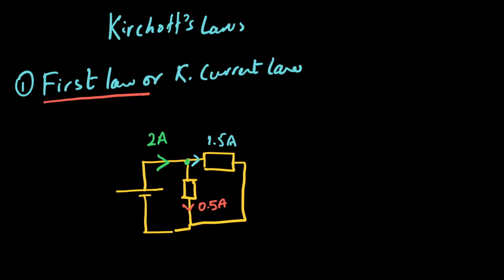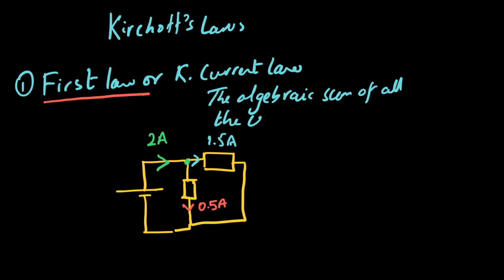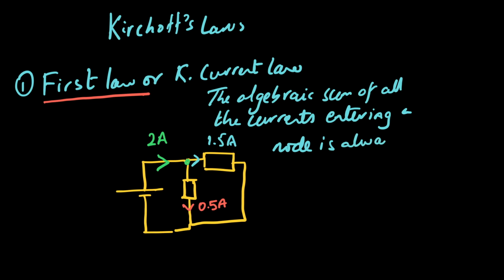Isn't that easy? Do you know how to write the statement of Kirchhoff's current law? That statement is that the algebraic sum of all the currents entering a node is always 0.